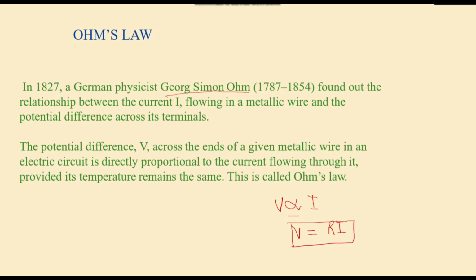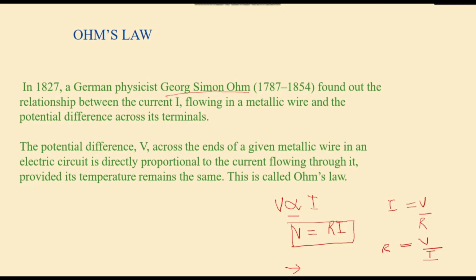And we can find I is equal to V by R, and R is equal to V by I. These are the basic 3 very important equations for further classes. I is the current, V is the voltage, R is the resistance.